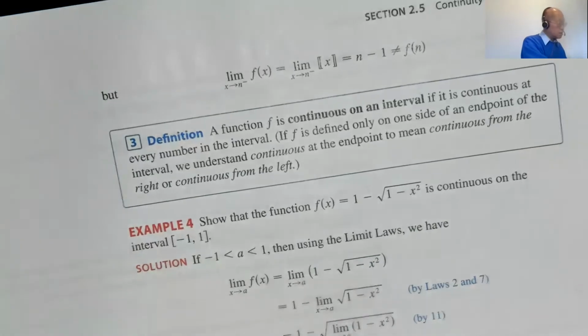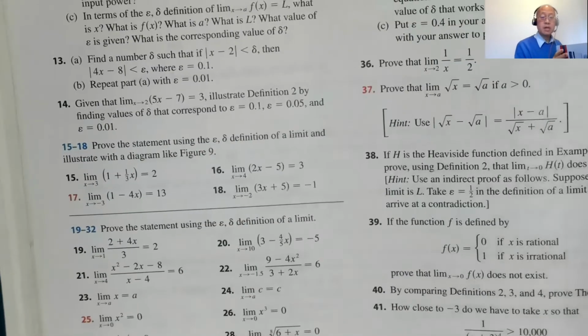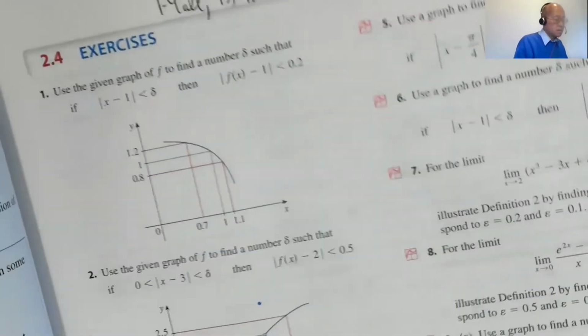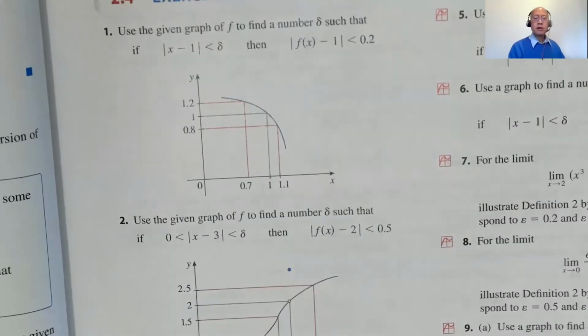So go to the next page. There is 13, and we had to go as high as 27, I believe it was. So there we go. Okay. All right, so 1 through 4 all.